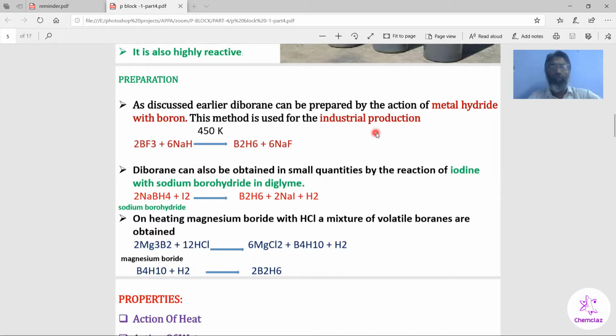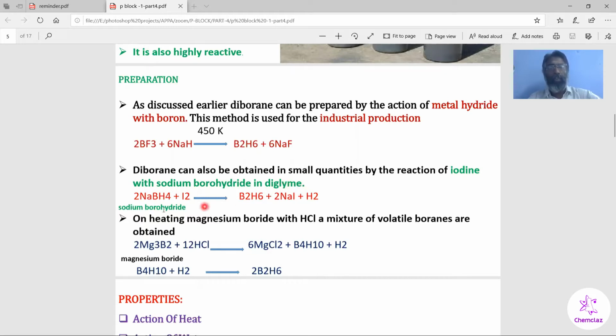If you want to prepare a small amount, you can use sodium borohydride. NaBH4 is called sodium borohydride, and BF3 is called boron trifluoride. This sodium borohydride is dissolved in diglyme, a polyether, diethylene glycol dimethyl ether, which is used as an organic solvent.